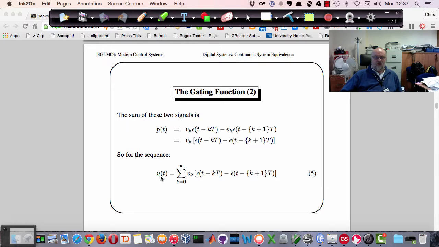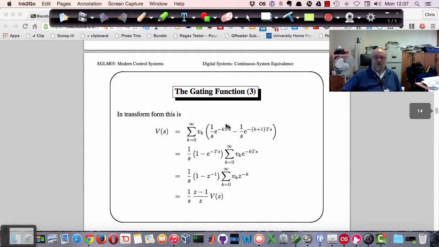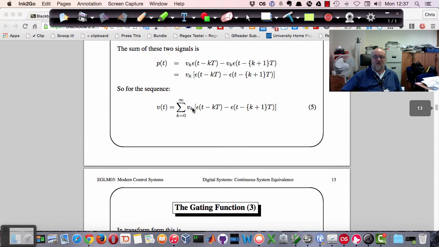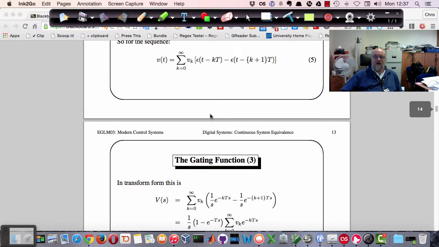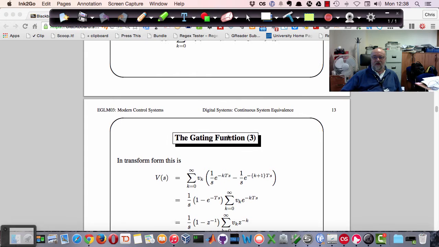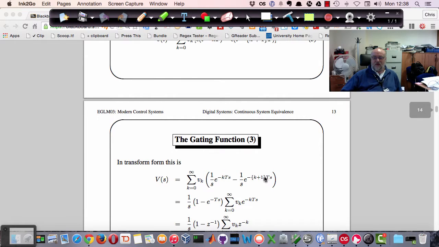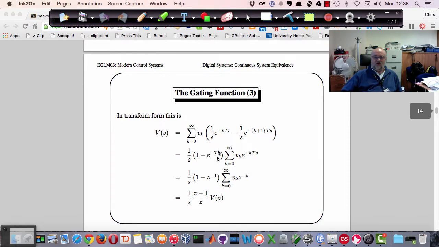And so for a sequence, we've got the sum of all possible pulses like that. So we go from 0 to infinity of all the values that we could, and then we can take the transform of that. If we take the transform of the unit step, it's 1 over s. If we take the transform of the delayed unit step, it's 1 over s times e to the minus kTs, and then the next one is 1 over s times e to the minus (k plus 1)Ts, and we're taking the sum of all those possible values.